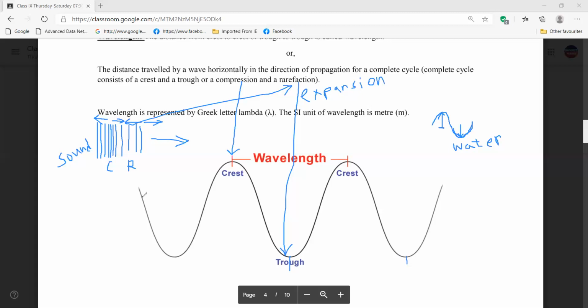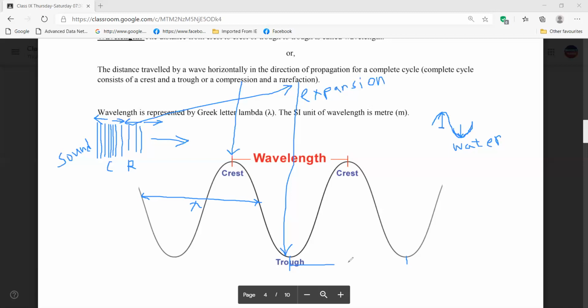Then we start the wave here and we end the wave here. So one trough and one crest make one complete wave. Is it clear? This is lambda, wavelength. Then this is also lambda, wavelength.